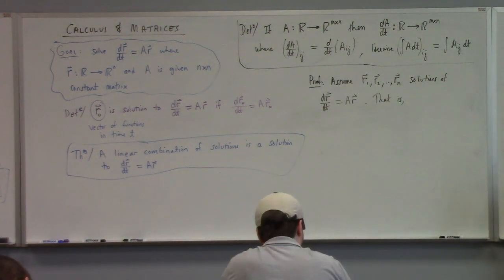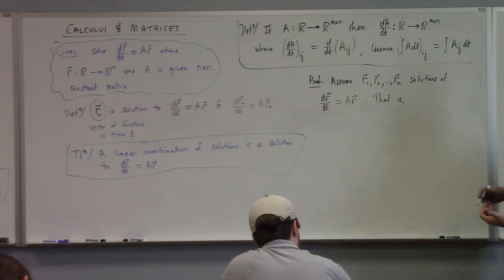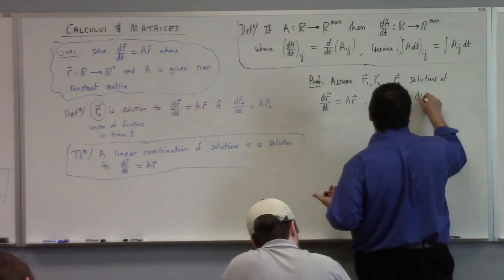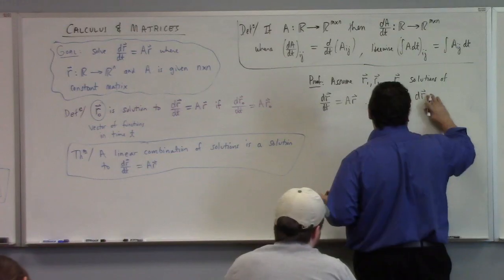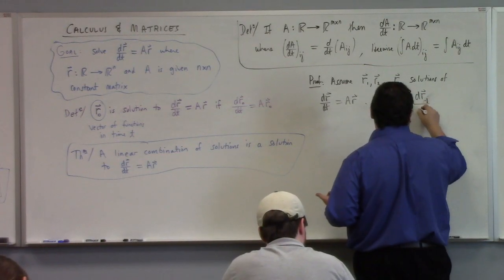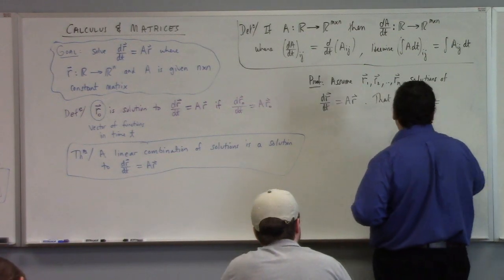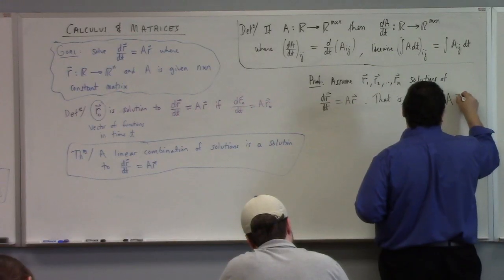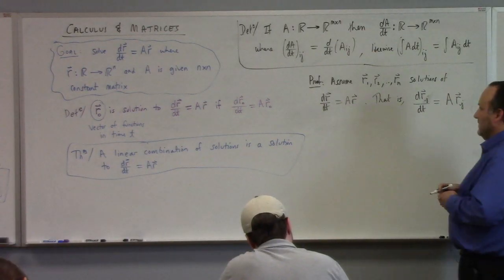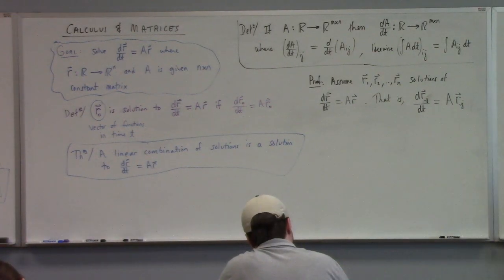That simply means that dRj/dt is equal to A times Rj, for j from 1 all the way up to n. I'm supposing we have n solutions for the sake of discussion.